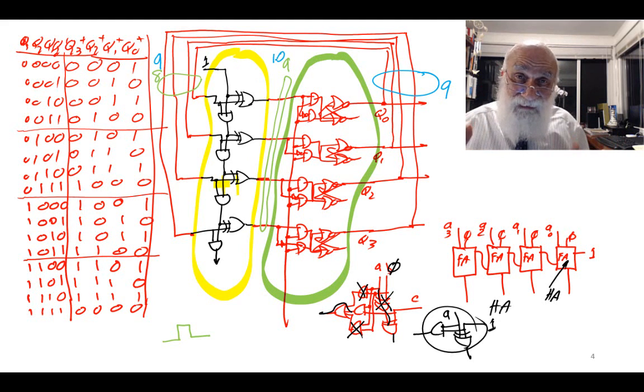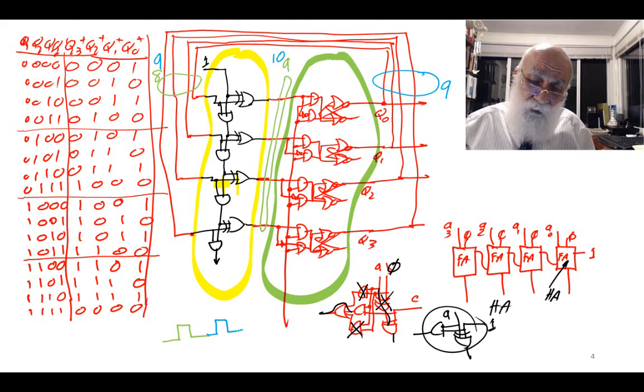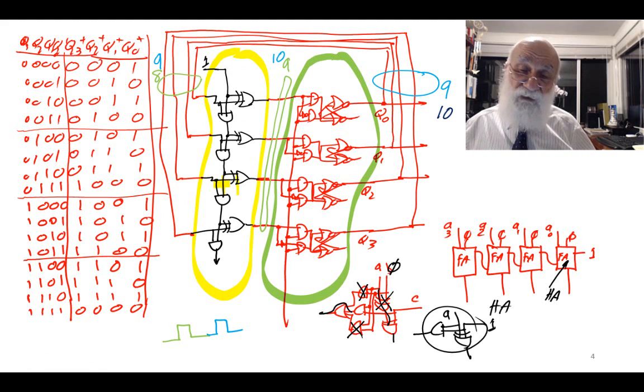By the time it reaches this point, hopefully my clock is 0, and this is as far as it goes. It sits right there until I give it another pulse. That pulse takes the blue 10 and brings it into the circuit, makes this 9 a dark blue 10.